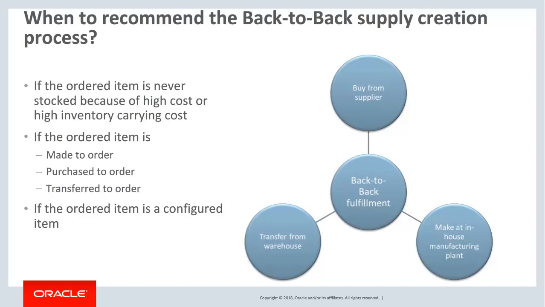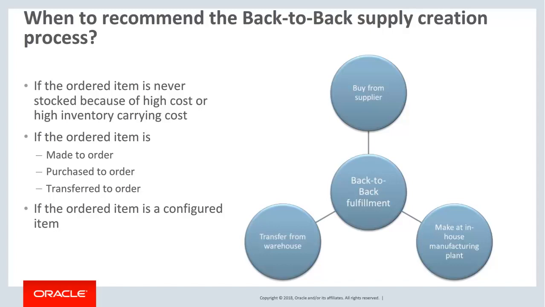To summarize, the back-to-back flow is a best fitment if the ordered item is manufactured, purchased, or transferred based on specific sales order demand. This includes sales orders that involve configurations as well.